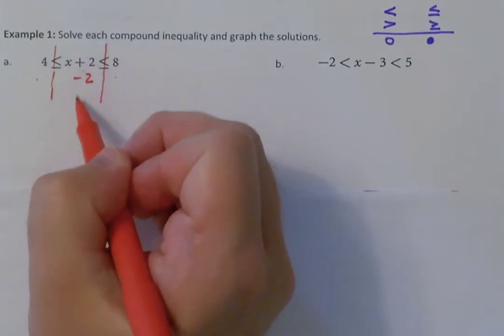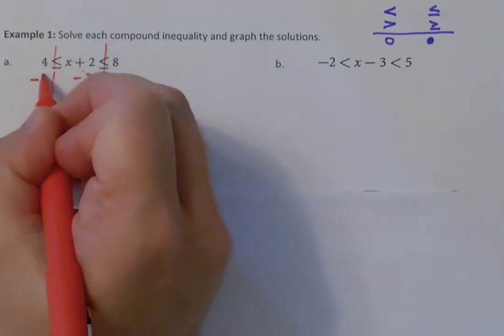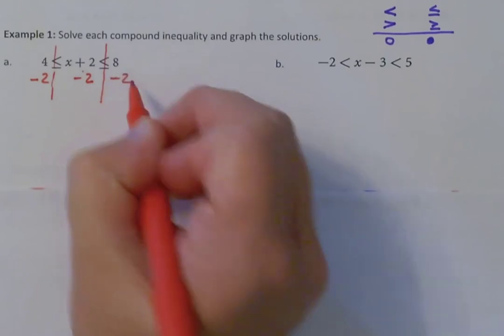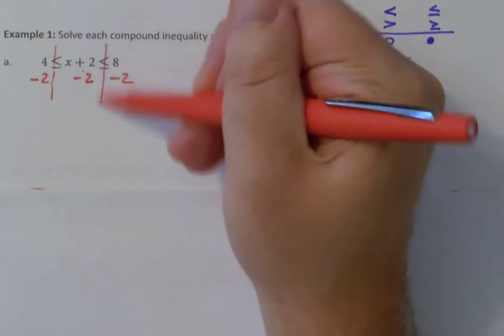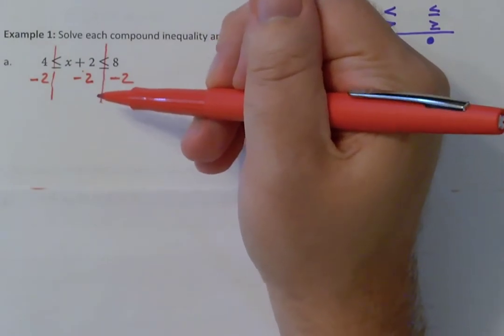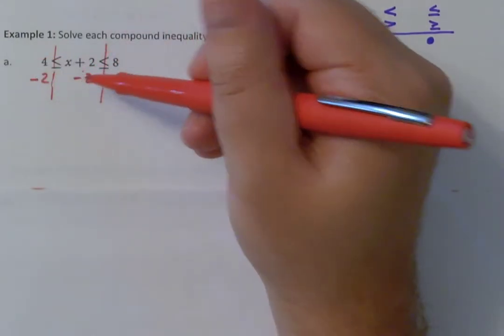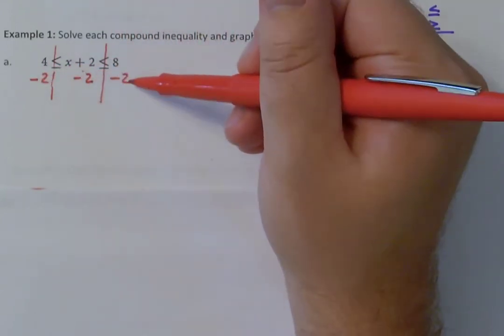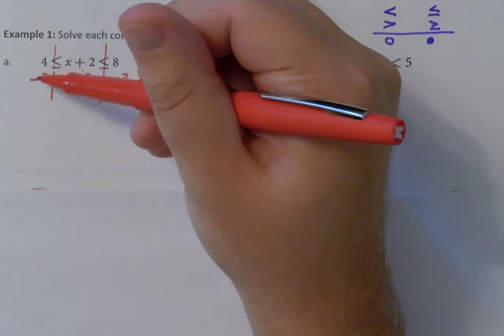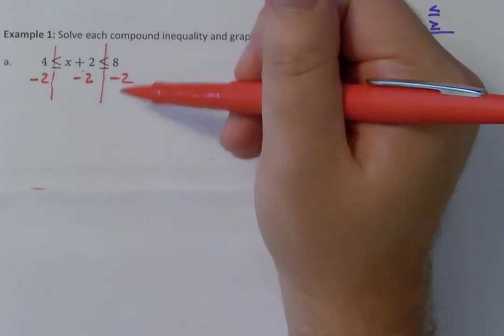If I'm subtracting 2 from here, I need to subtract 2 from here and from here. So I need to do it to the front, the middle, and the back, or left, middle, right.